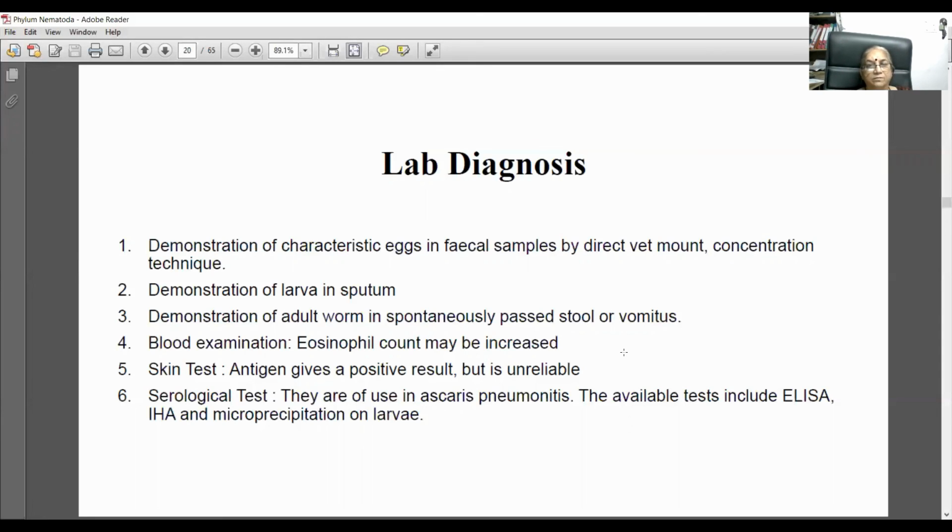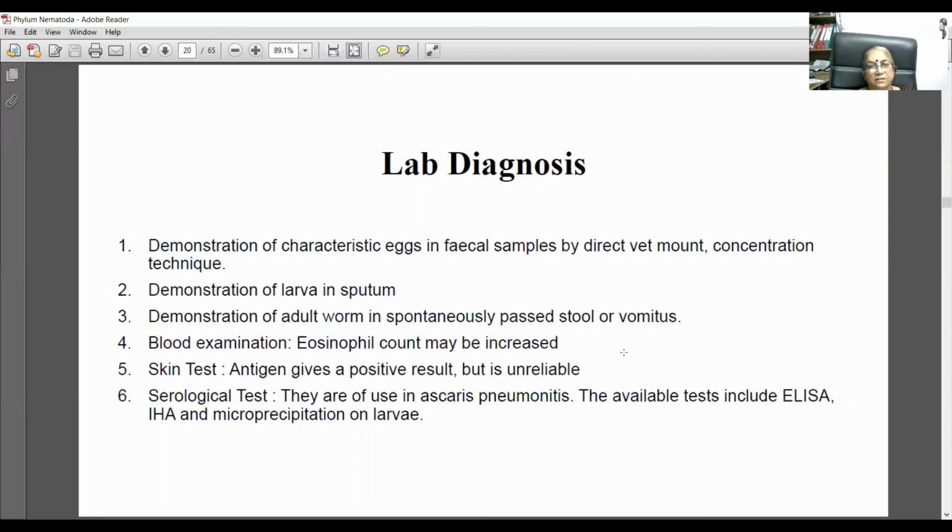Skin test: usually an antigen antibody reaction by giving a small dose of the antigen. You give it on the skin, you mark it, and if there is any swelling seen, it shows that the antigenic reaction is positive and the person is infected with Ascaris.